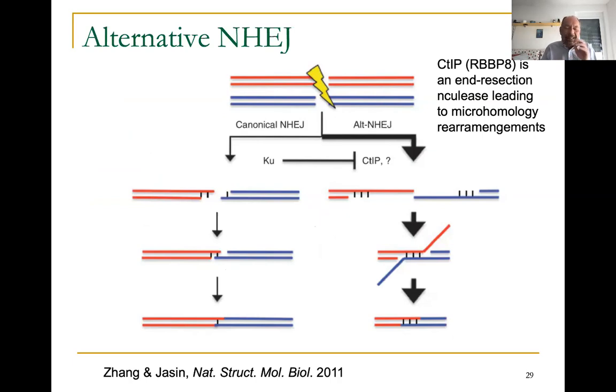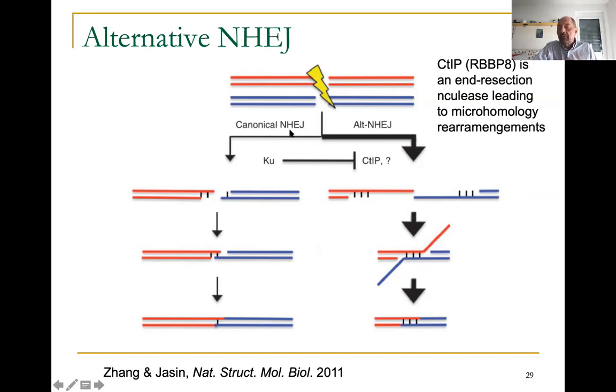Non-homologous end-joining tends to be error-prone, and homologous recombination tends to be error-free. But apparently there is even another pathway that can be activated when the cell is really unable to repair the damage.